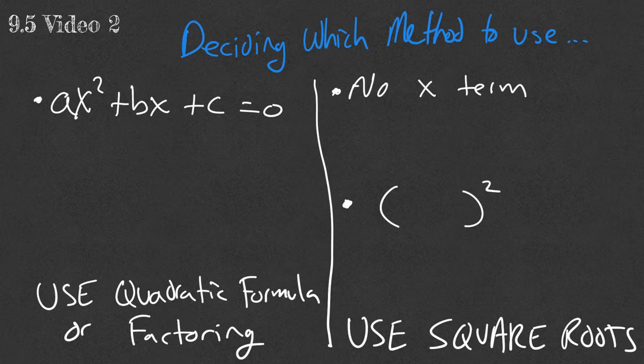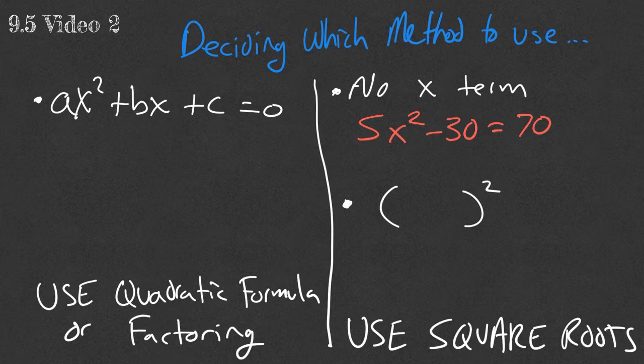That's the best time to use square roots. So an example could be 5x squared minus 30 equals 70. That equation doesn't have an x term, so we could solve it with square roots.